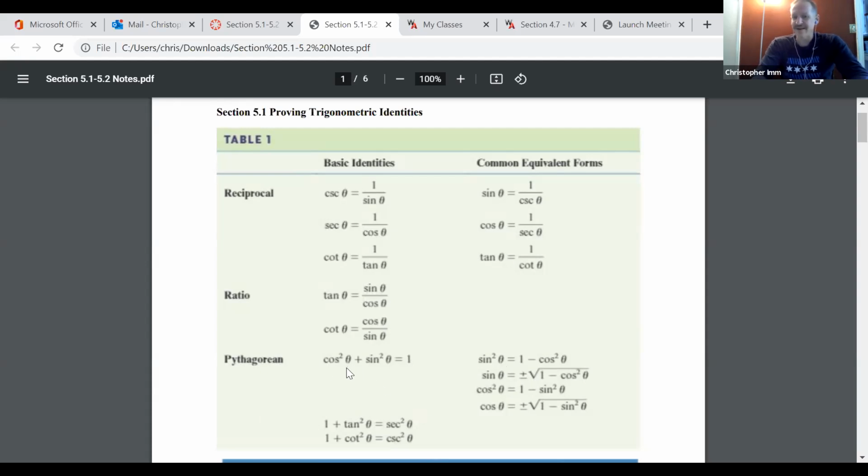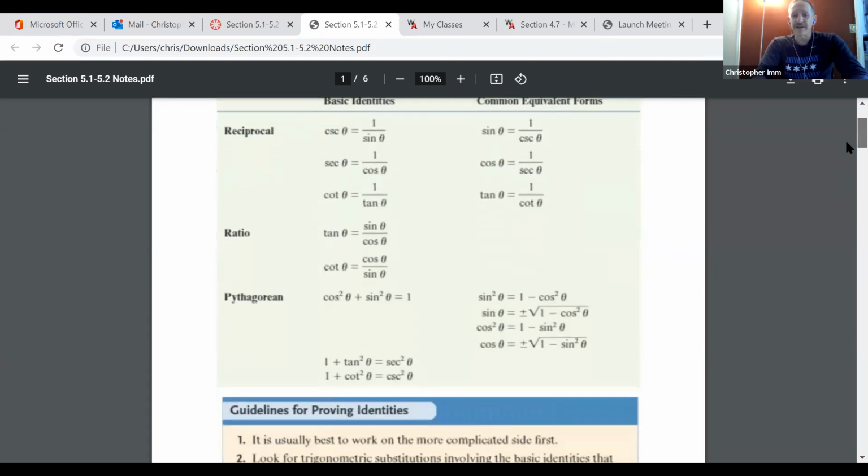If I divided the Pythagorean identity by cosine squared, I would get the first one: 1 plus tangent squared is equal to secant squared. If I divided the Pythagorean identity by sine squared, I would get the second one: cosine squared over sine squared is cotangent squared, so cotangent squared plus 1 is equal to cosecant squared. Okay, so we've learned all those.